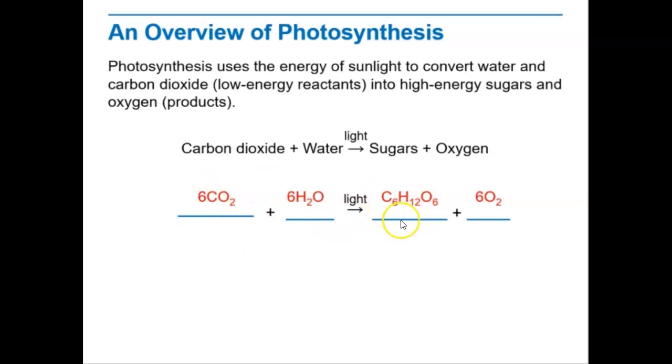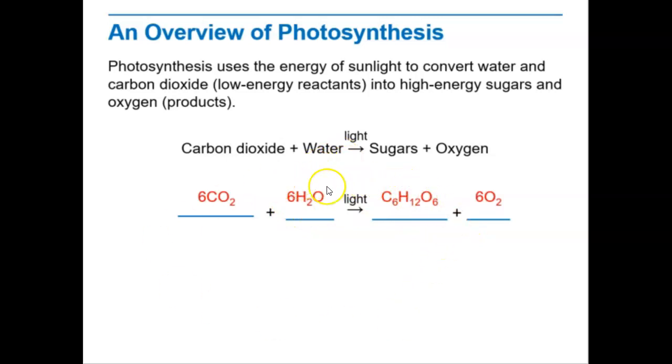So when we look at what's produced, here are those 6 carbons. Now the oxygens, we use 6 of them here, and the other 6 that come from here combine with 6 oxygens from H2O to make 6 O2. Same thing here, the 6 H2O is going to be 12 H, okay, and here are those 12 H.